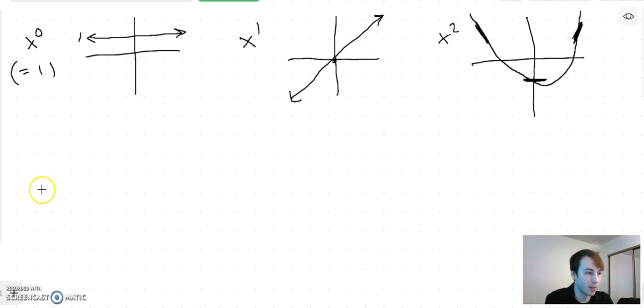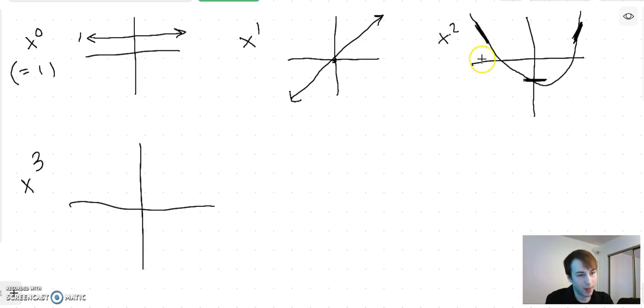Now if we continue, let's do an x to the third function. We're starting out, and since x squared is positive here, the slope of the x to the third function should be positive. So let's say we're going up here. And now here is a crossover point. It stops being positive and starts to go negative, so the slope is horizontal there. So maybe it looks like this.